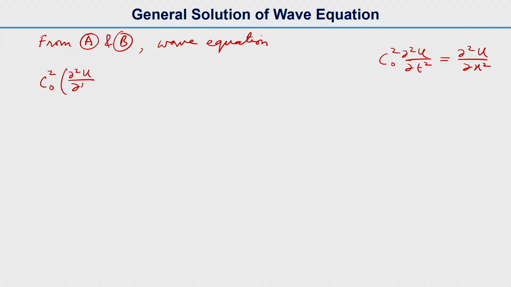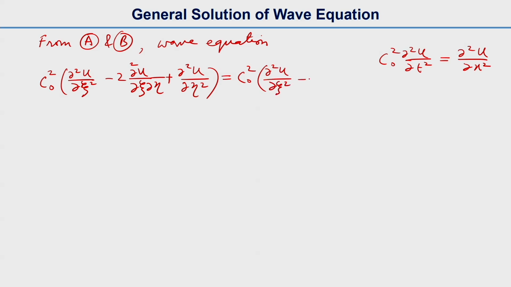That will be something like this: twice, plus this second partial, is equal to c naught square, plus the second partial of u with respect to the second variable. So this was our original wave equation.